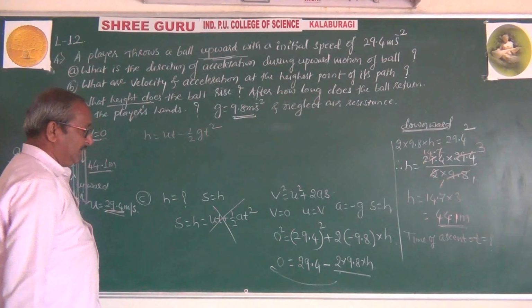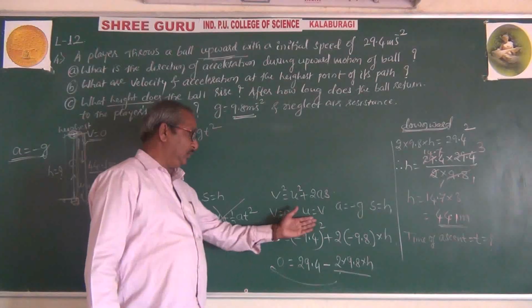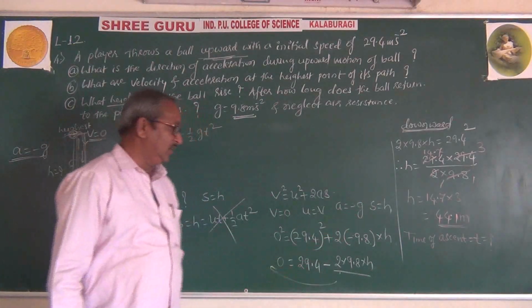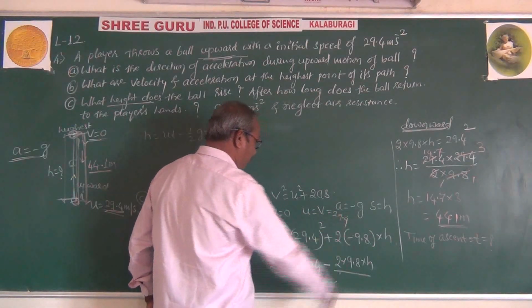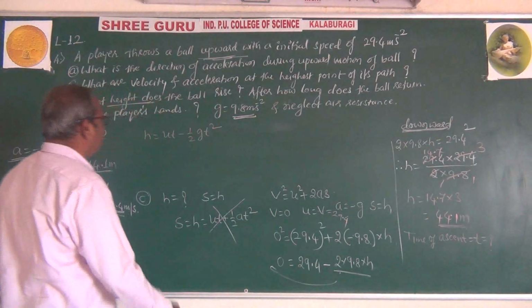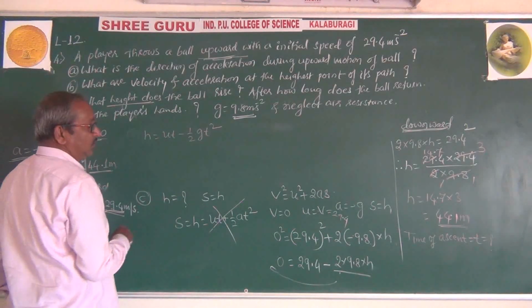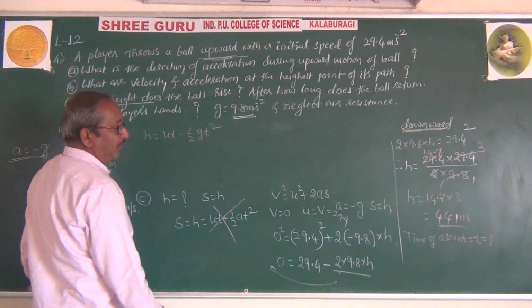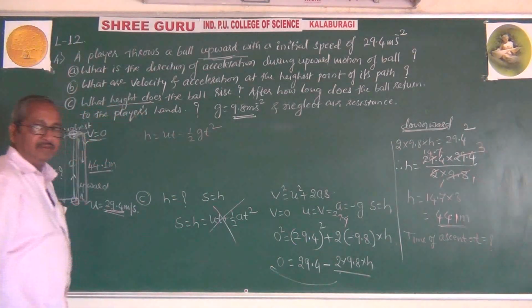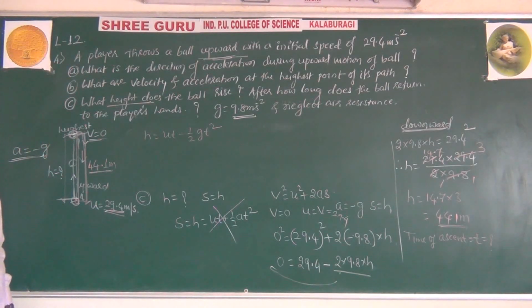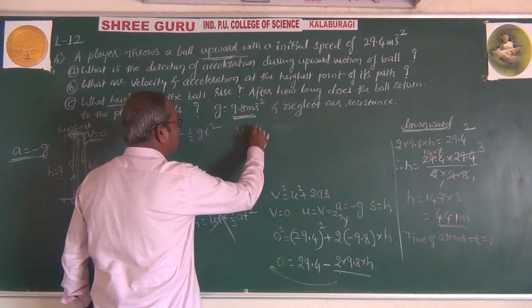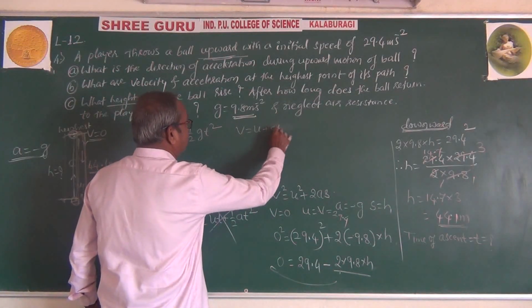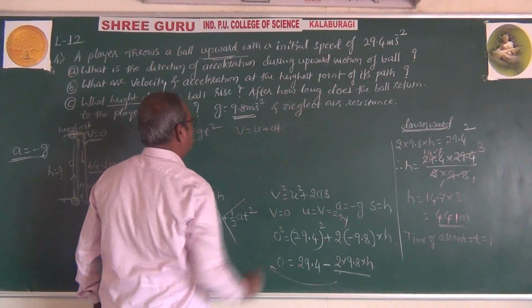Because here v equal to 0, u is given as 29.4, a equal to minus g, and h we got 44.1 meter. I think we can also use another equation, which mostly becomes easier.